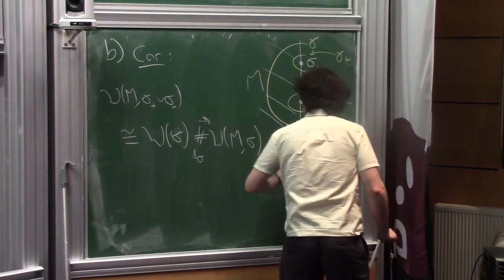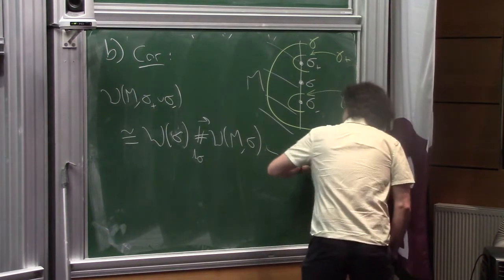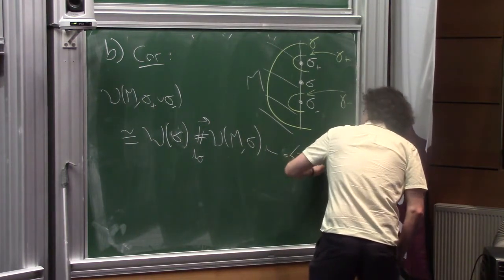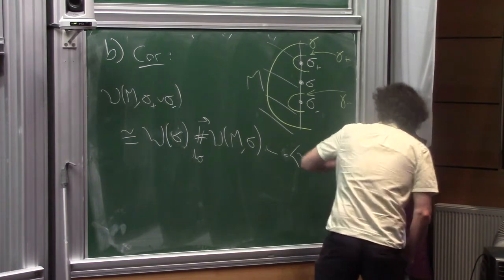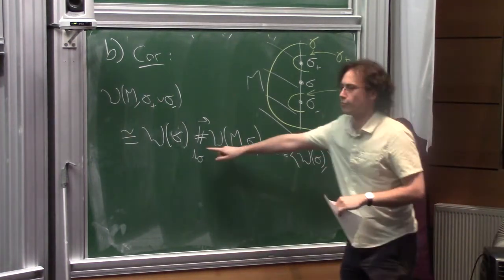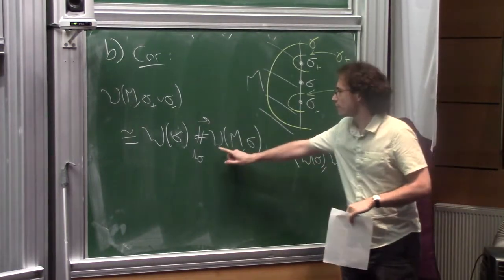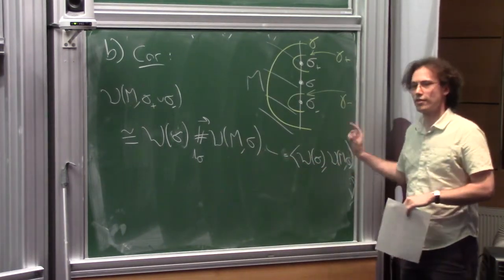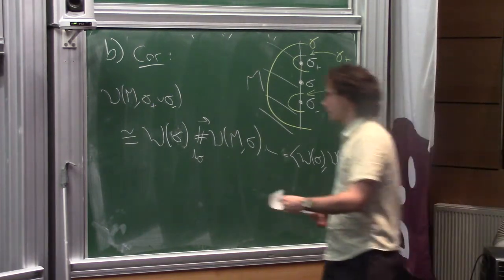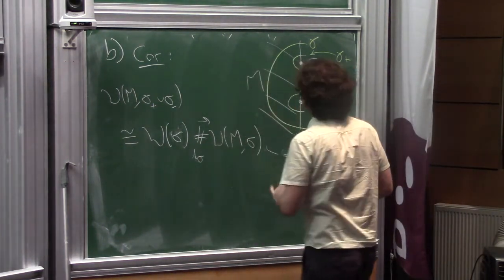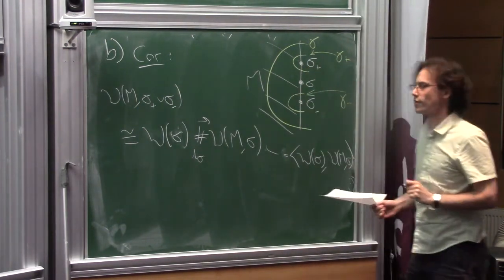This is the same thing as what's often written as a semi-orthogonal decomposition W of sigma, W of M sigma. I'm just keeping track of what the gluing data is, so this specifies a category rather than just needing to know the category ahead of time.